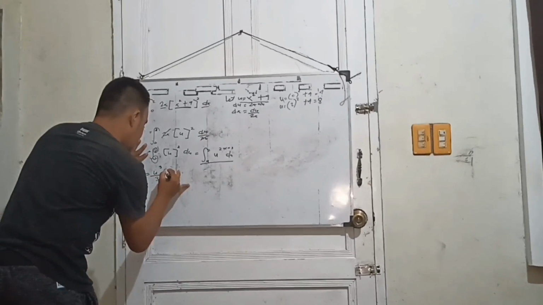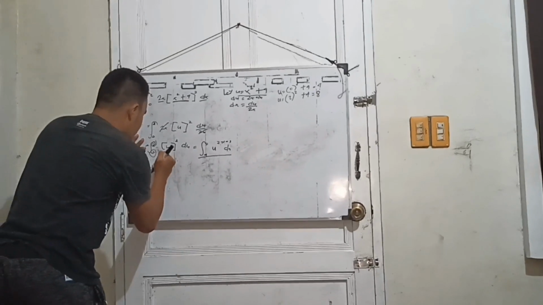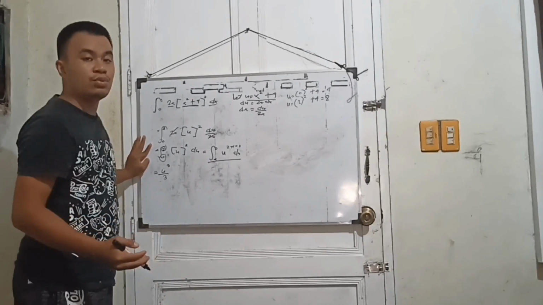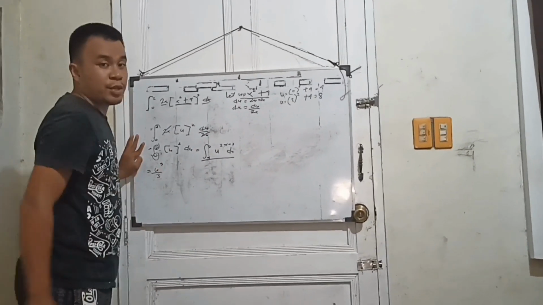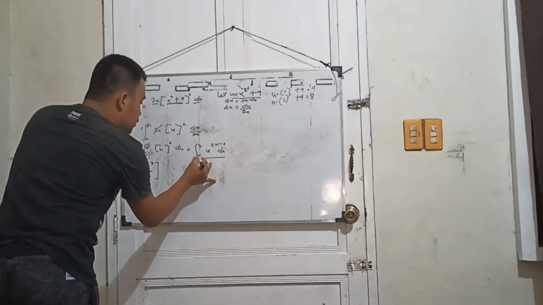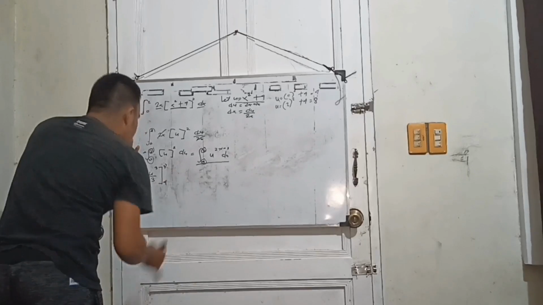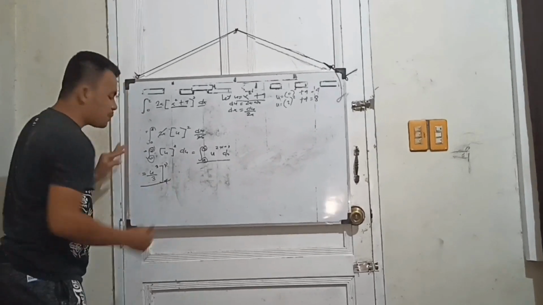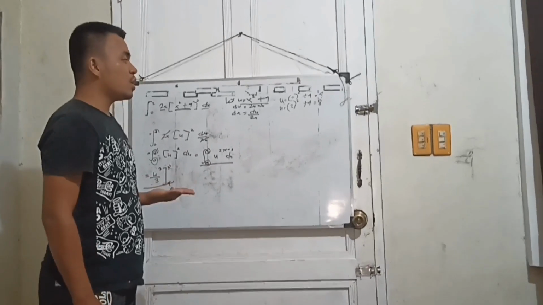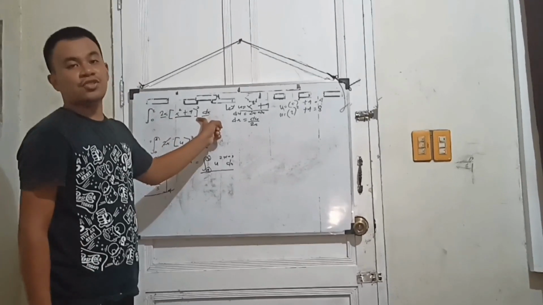Cube. We can take down du also, since we are integrating, we don't need to put du anymore. Put up a bracket with the limits from 4 to 8. This is the integrated expression that we will use to solve the definite integration.